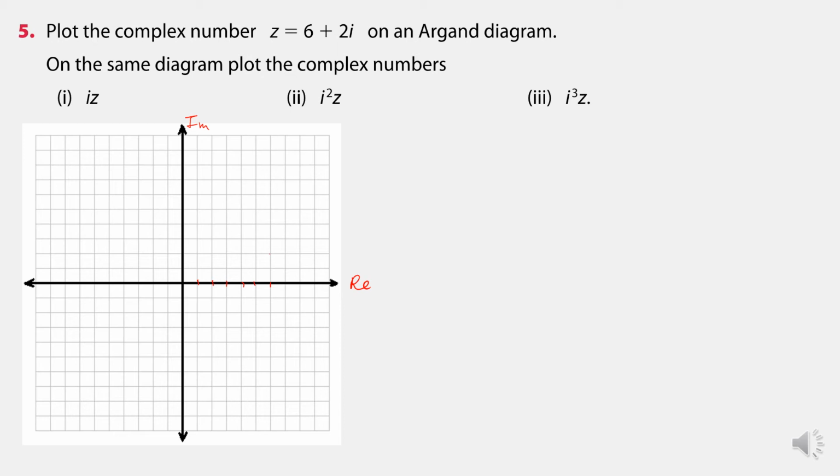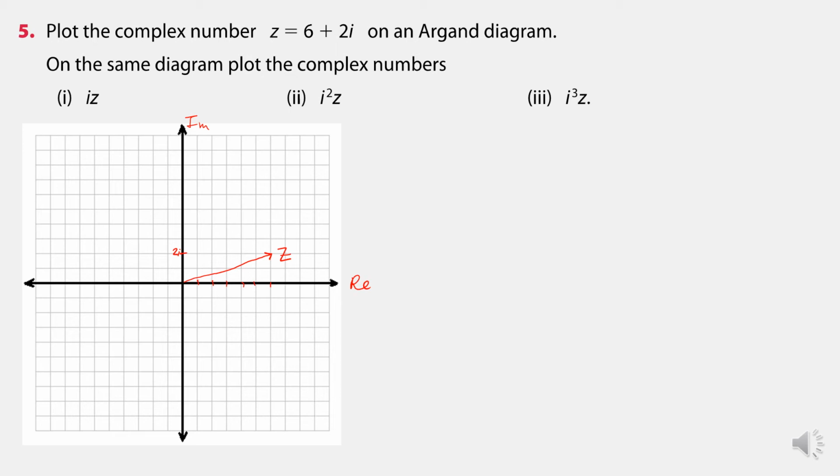This is z. Maybe it might help to do an arrow. Yeah, that's better. We're asked to rotate it by multiplying by i.